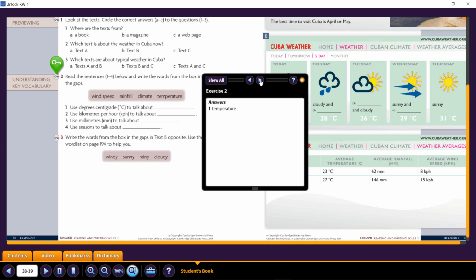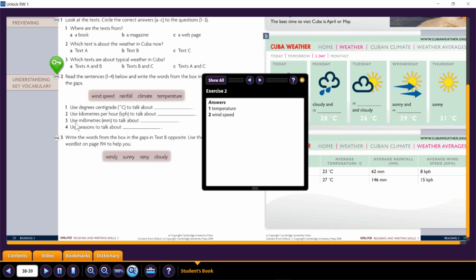What do you think? Actually, yes. So number 2 with wind speed. So whenever you see this abbreviation or whenever you read kilometers per hour, you need to know that we are mentioning something related to wind speed, especially in weather.